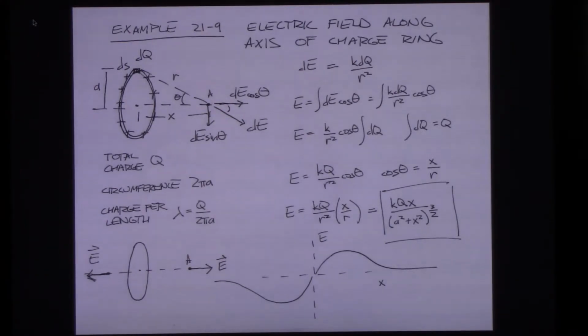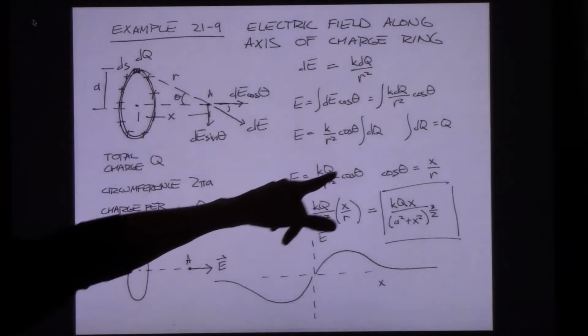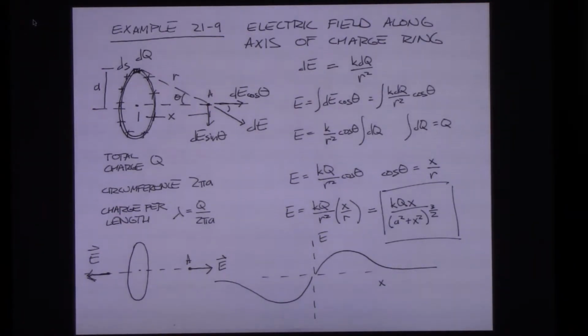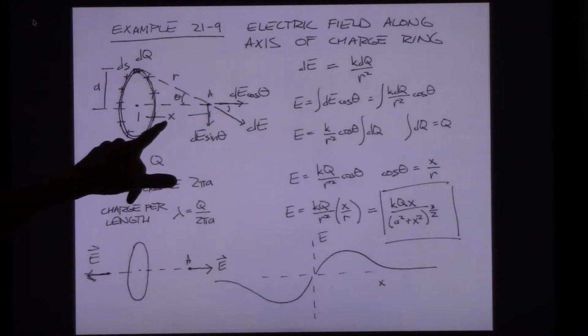Now, what we really would like, this is in terms of r and theta. For our answer, we'd like to put that all in terms of one variable, and the variable we're interested in is x.